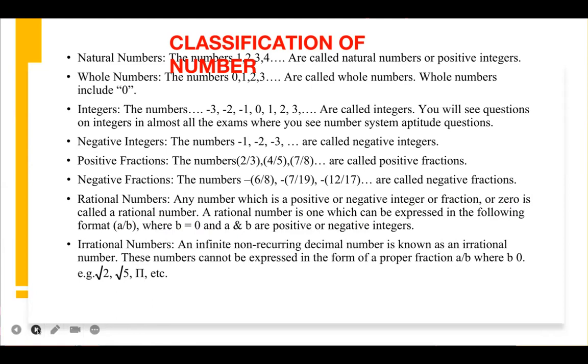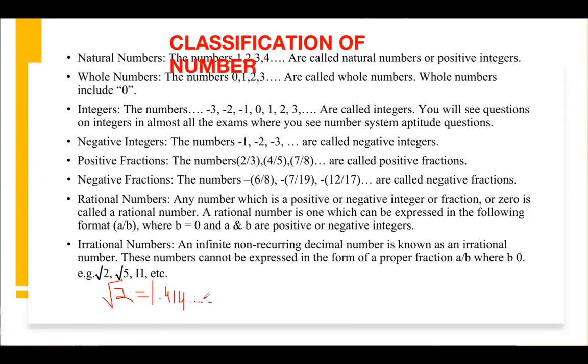Irrational numbers. Irrational numbers are numbers that have a non-recurring decimal expansion. For example, root 2 equals 1.4142 and so on, non-recurring.